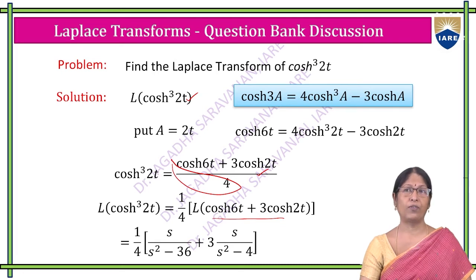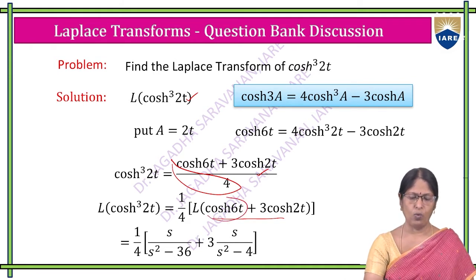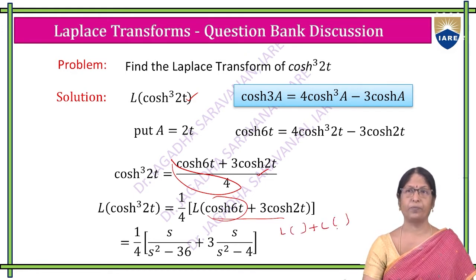How does the linearity property function? The Laplace of two or more functions is equal to the sum of each function's Laplace. So using that property, now we write L of the first, L of the second separately.